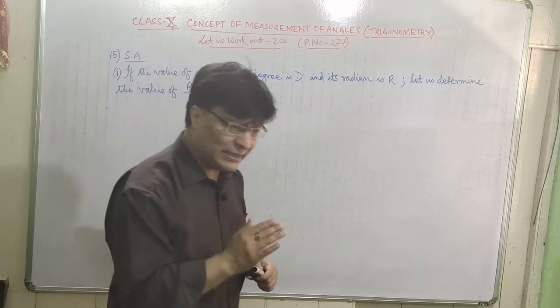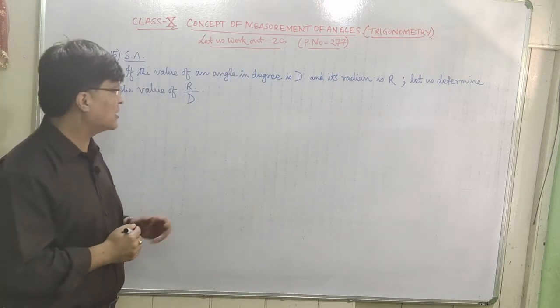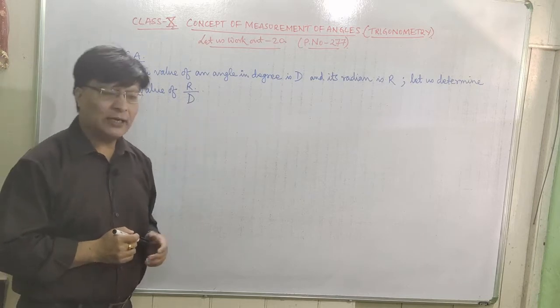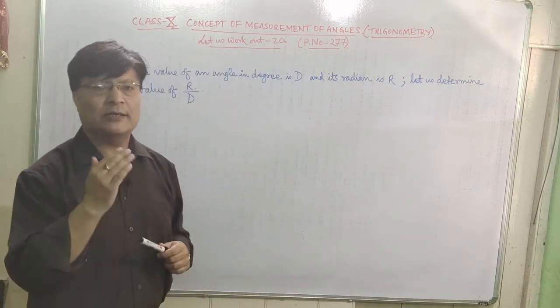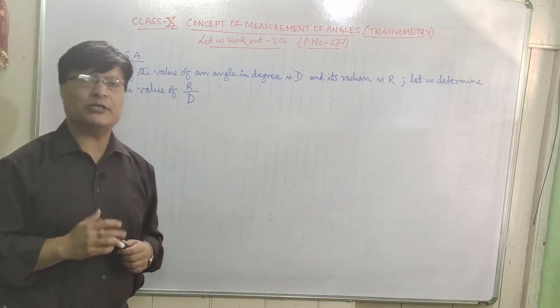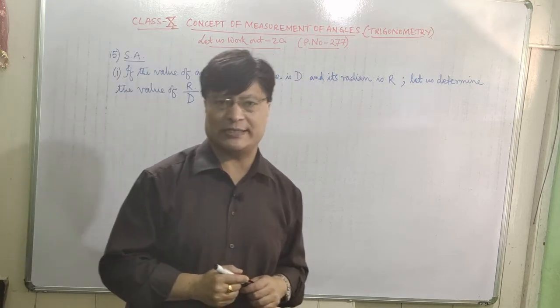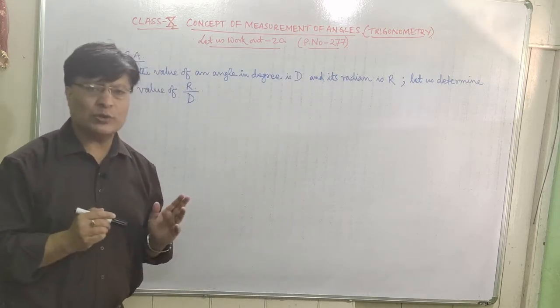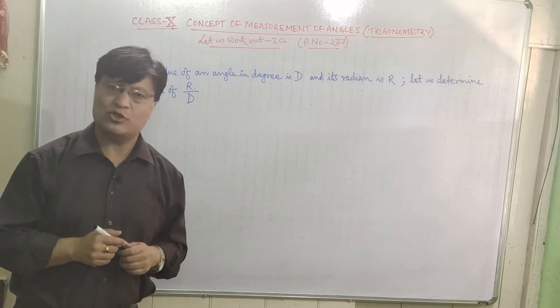D means degree, that is in terms of the sexagesimal system, and radian R is the circular measure. So you should know the relation between the sexagesimal system and the circular system.